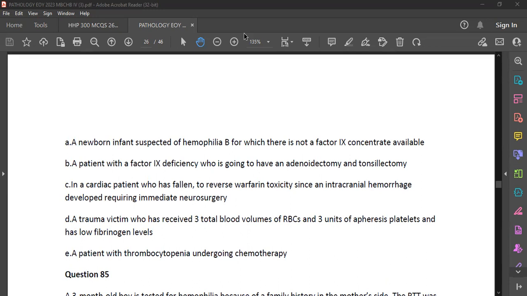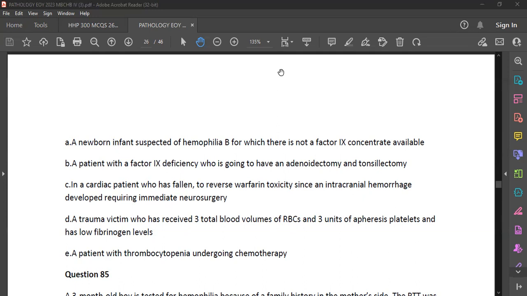It contains factor 1, which is fibrinogen, contains factor 8, and contains the von Willebrand factor, as well as fibronectin. So within your choices, you just want to check out what's deficient. What am I trying to treat? Is it anything associated with factor 1, 8, 13, von Willebrand, or fibronectin? You just want to check out that one.